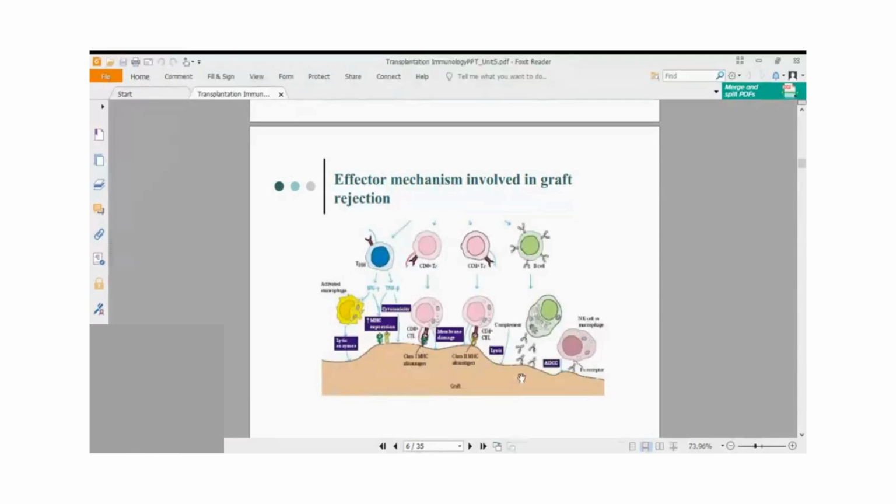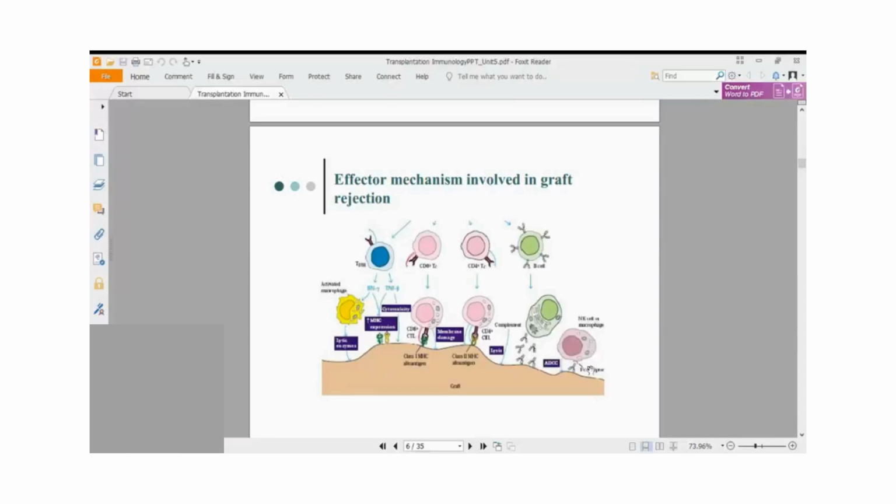At the same time, the recipient's other immune cells like NK cells, eosinophils, neutrophils, and macrophages, which are sampling the graft, will not keep quiet. They are all activated now. There is a tremendous amount of cytokine being produced by the activated TH cell, which will help these cells to be active.